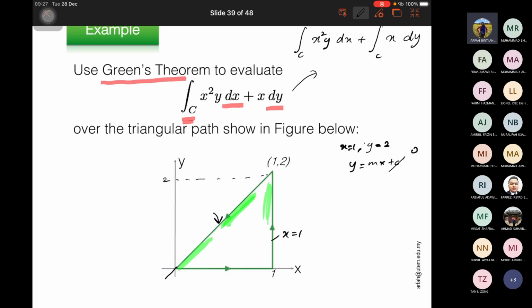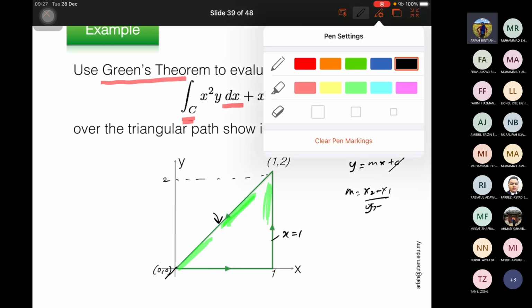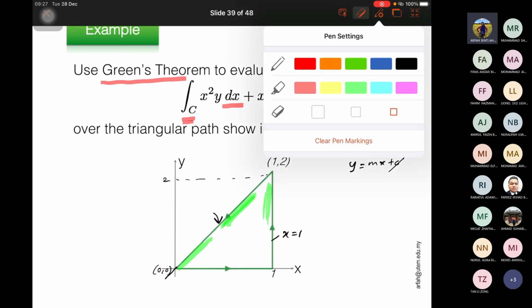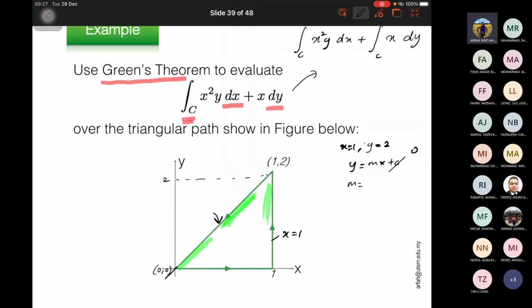So kecerunan dia berapa? So m sama dengan y2 tolak y1 bahagi x2 tolak x1. Something like this lah. y2 minus y1 divided by x2 minus x1.